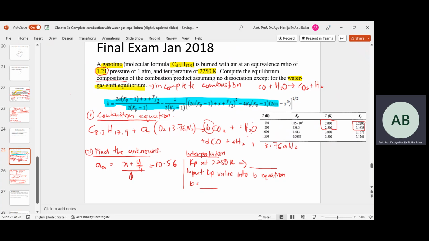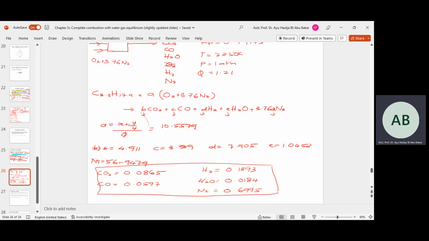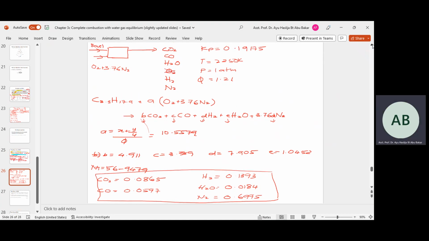Input the value of Kp into the B equation. Your Kp will be the previous 0.19175. Yeah, you should be getting this one. And your B later on, this is your B, 4.9.